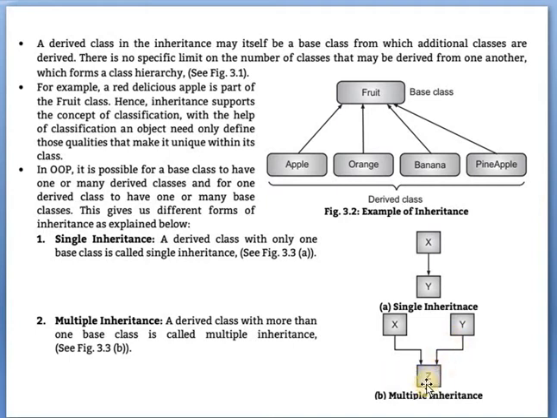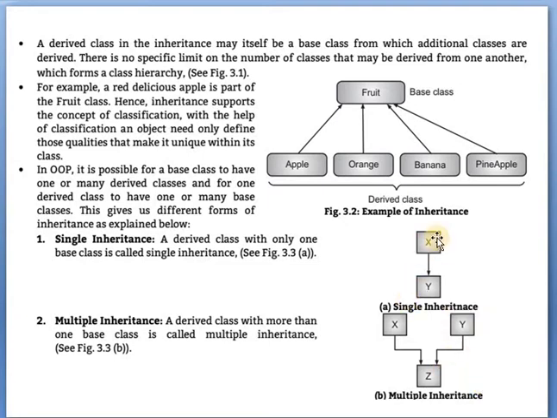So a derived class, that is Z, with more than one base class, that is X and Y, is called multiple inheritance. Multiple inheritance means more than one base class inherited into a single derived class.